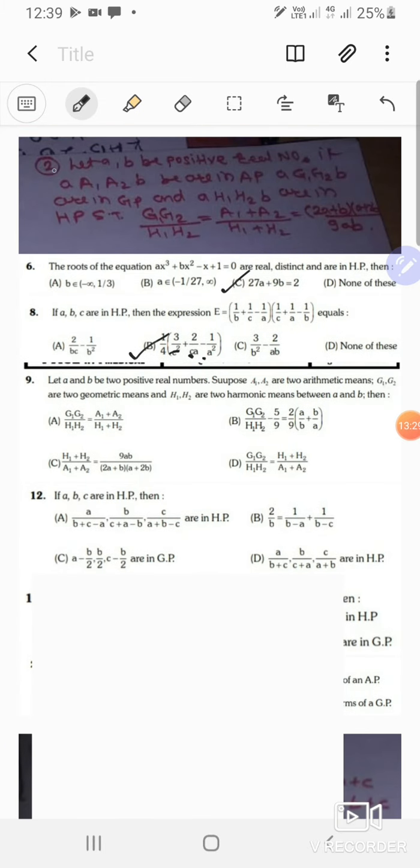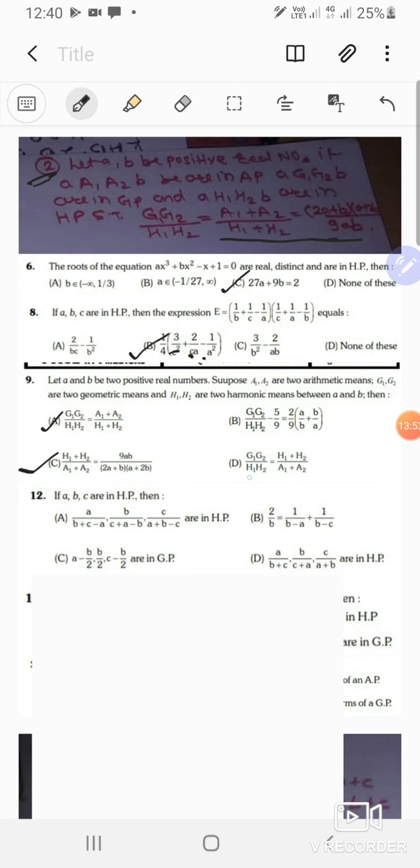You can see that in this question we just proved that G1, G2 upon H1, H2 should be equal to A1 plus A2 upon H1 plus H2. So this is obviously correct. And then we also proved this equation, right? If you take the reciprocal of this equation, you get this thing. And then what about D?